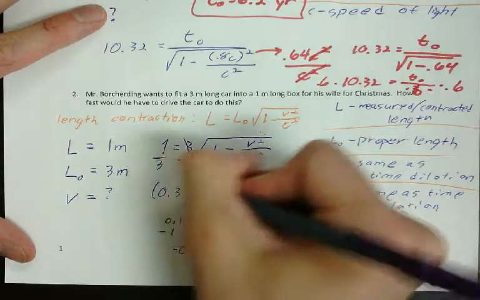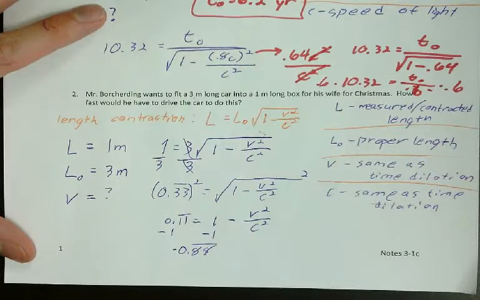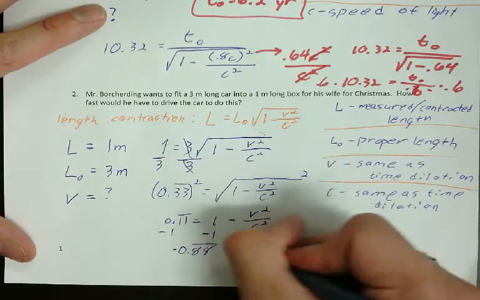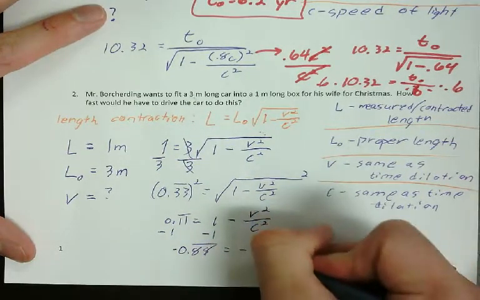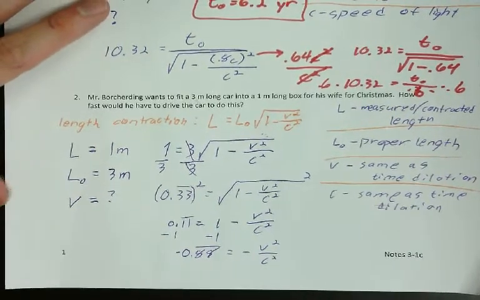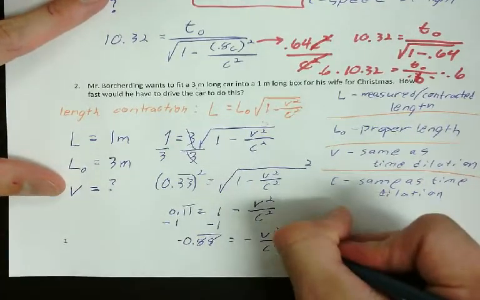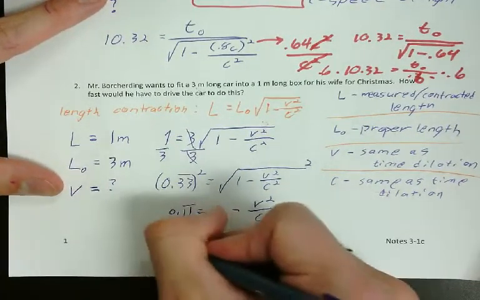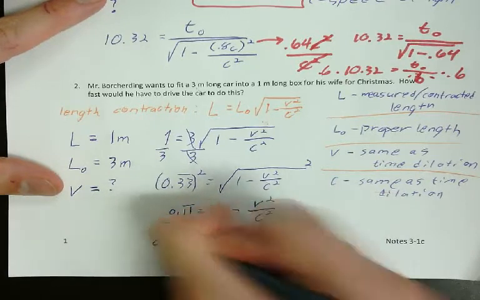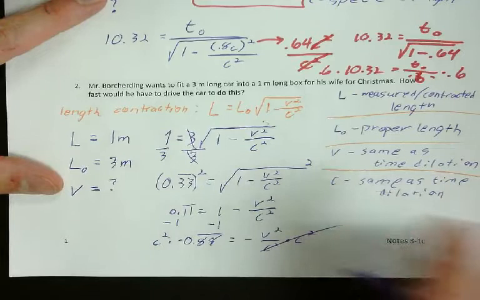Let me go ahead and indicate that these are all repeating. Equals negative V squared over C squared. We still need to get rid of this C because we got to get V by itself, so I'm going to multiply both sides by C squared. There go the C's.